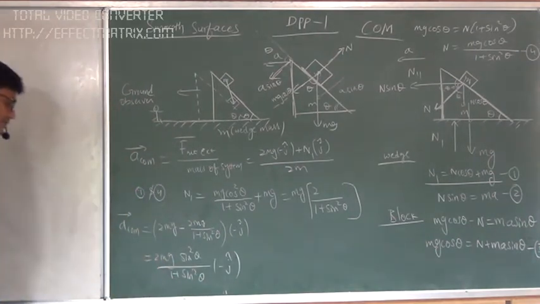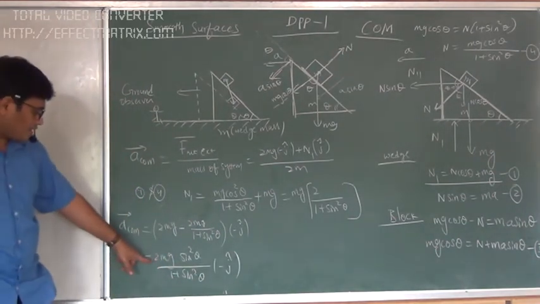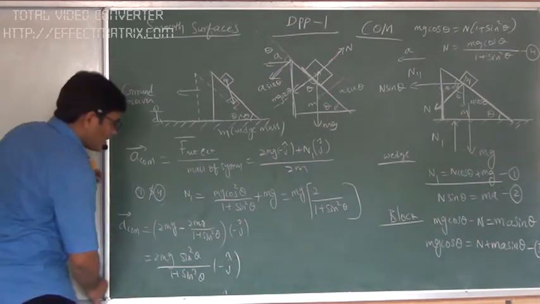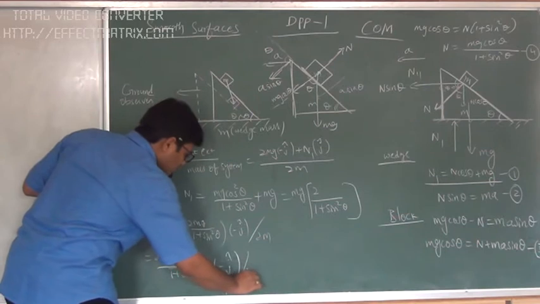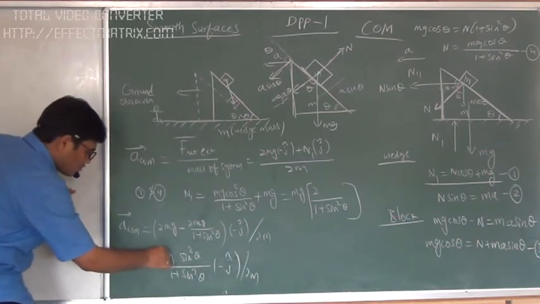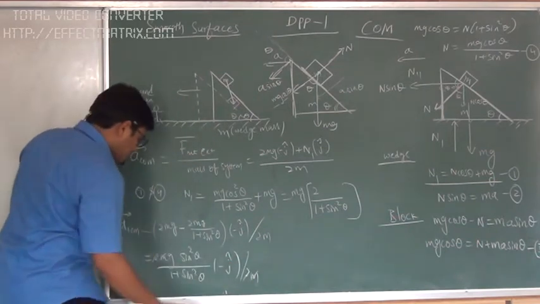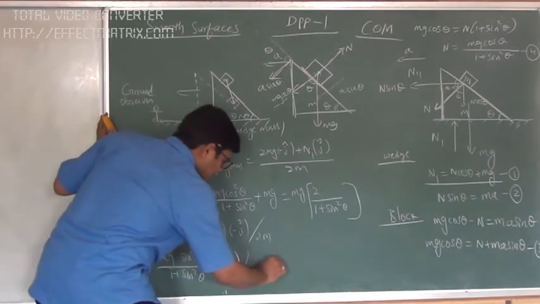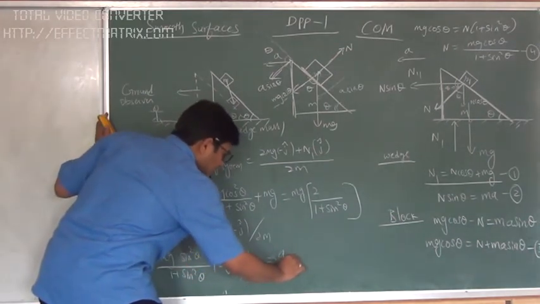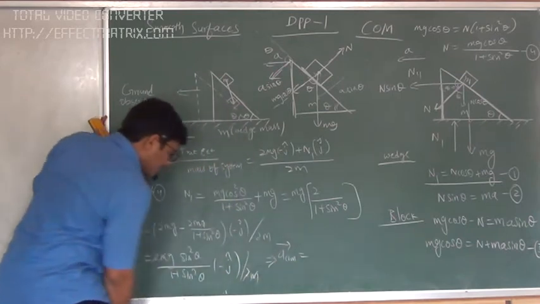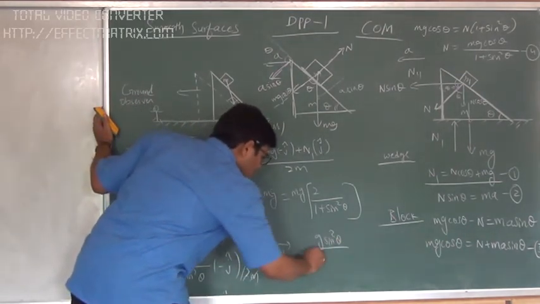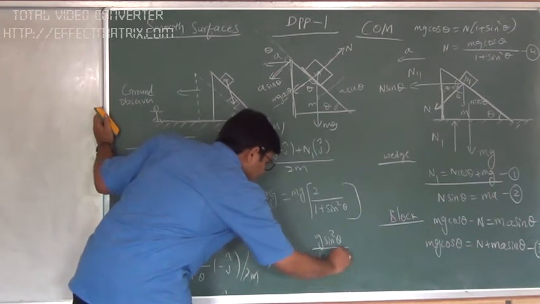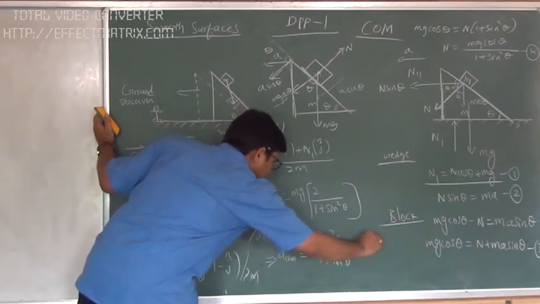This is upon 2m. So what is the acceleration of center of mass? Acceleration of center of mass is g sin square theta upon 1 plus sin square theta, minus j.